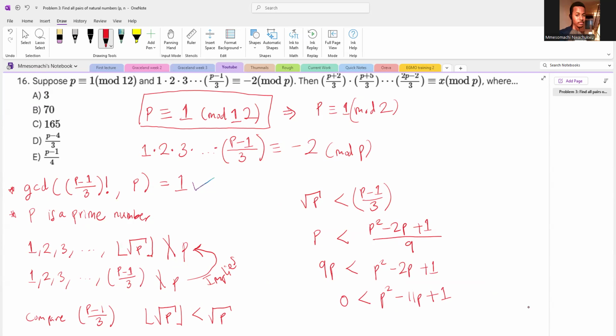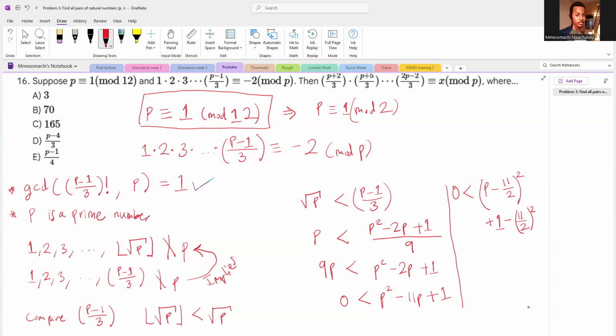If you look at this, let me do some completing the square. We want 0 to be less than (P minus 11 over 2) squared plus 1 minus (11 over 2) squared.